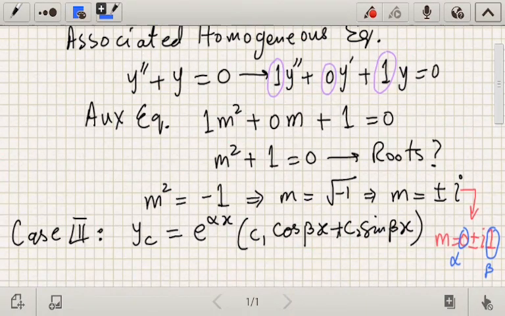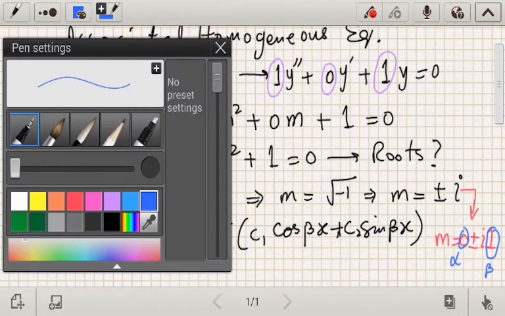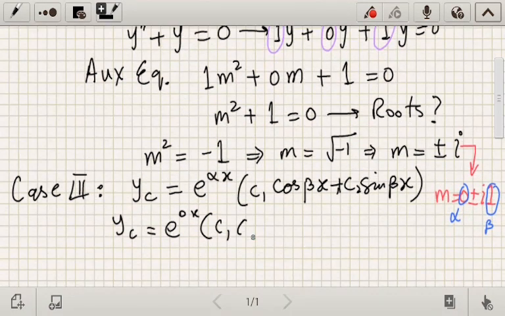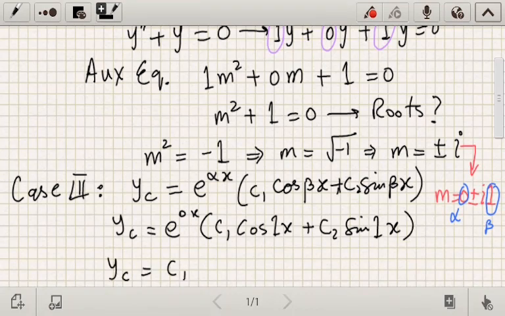Putting these values into the general form, I get the complementary solution as e raised to the power 0x, c1 cos 1x plus c2 sine 1x. So yc comes out to be c1 cos x plus c2 sine x.